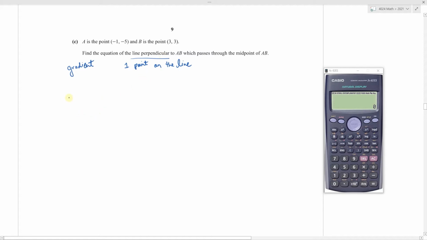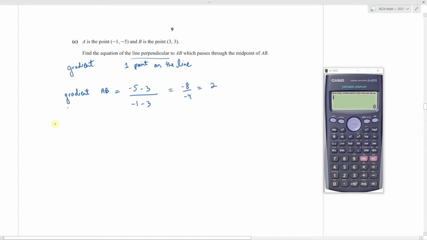So let's first find the gradient of AB. Gradient of AB will be y2 minus y1, so minus 5 minus 3, divided by x2 minus x1, minus 1 minus 3. So this is minus 8 divided by minus 4, which is 2.